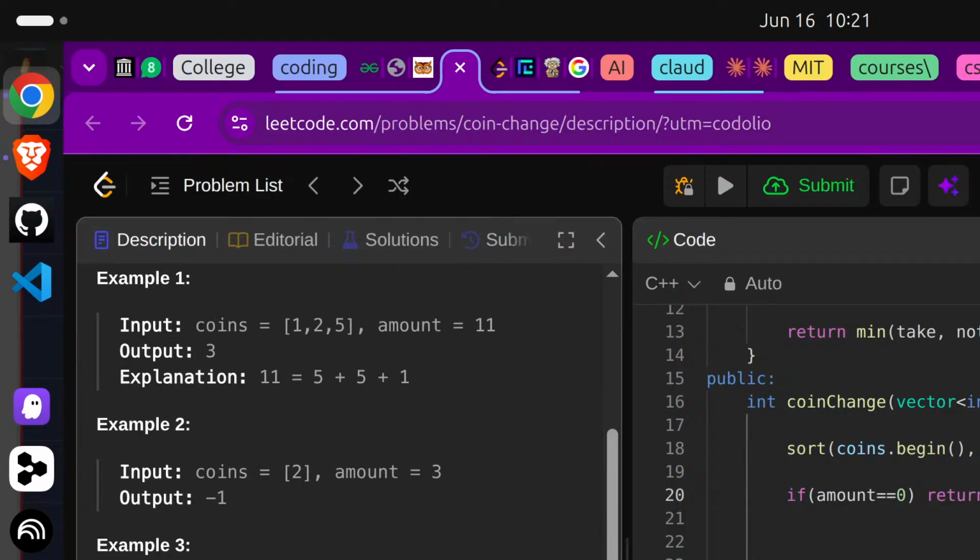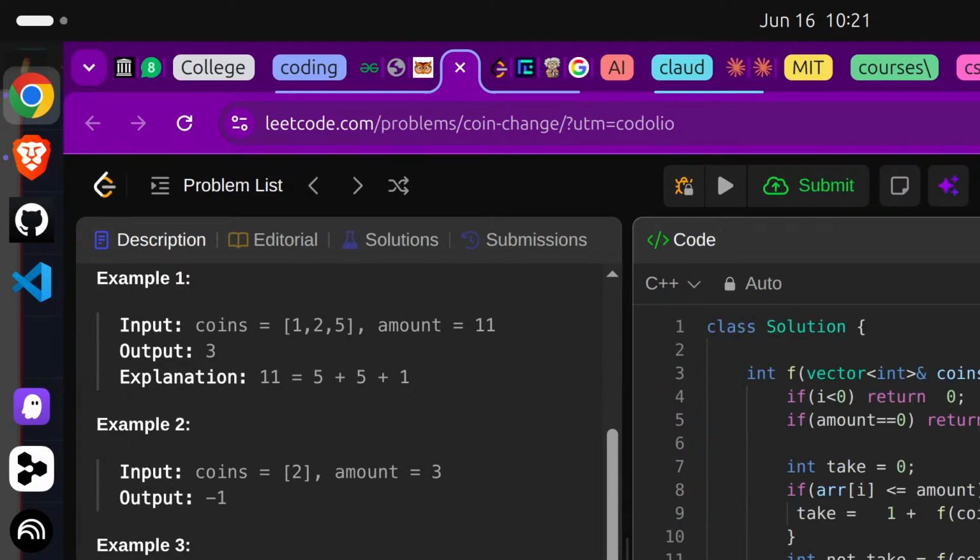Amount is 0, so always return 0. Okay, 0. Alright. When is the case like we can't make the amount? We have to return 1 in that case. So how do we know that we were not able to make the amount?